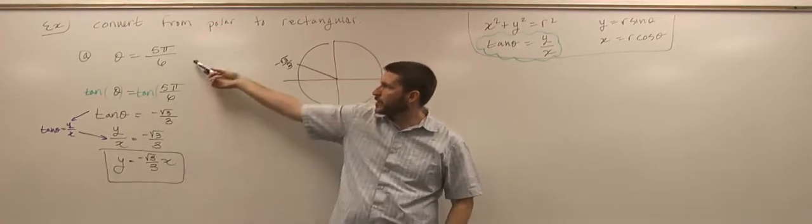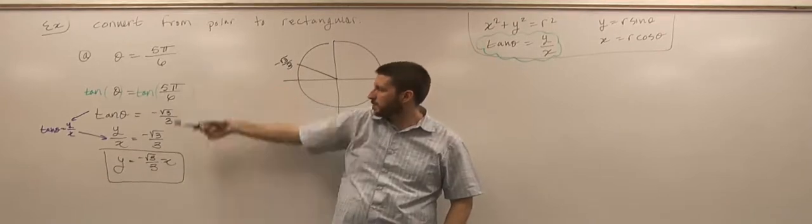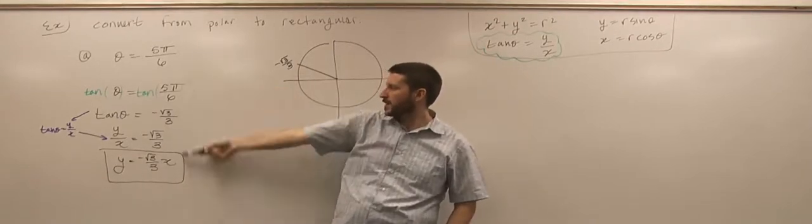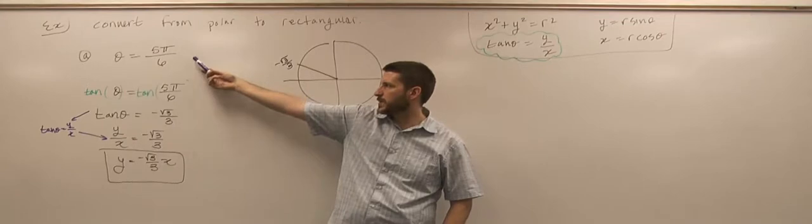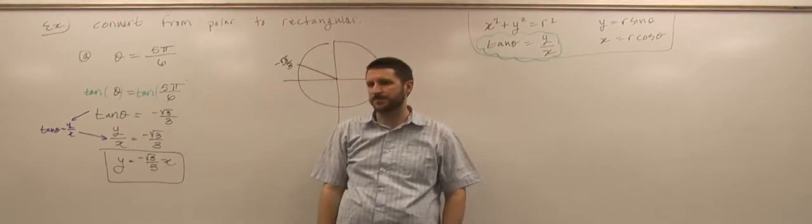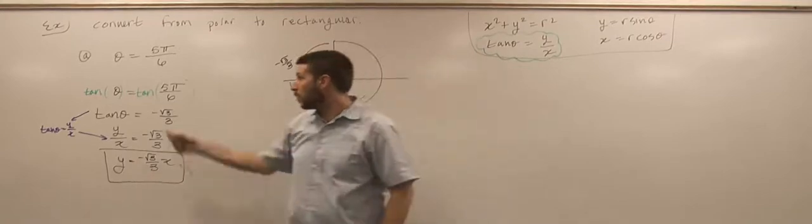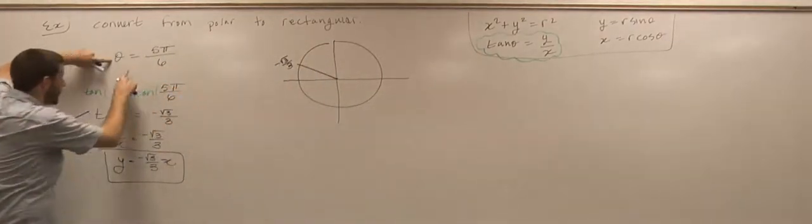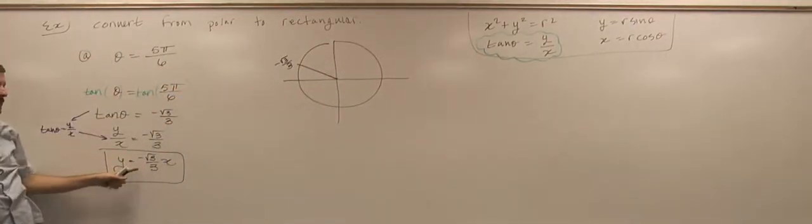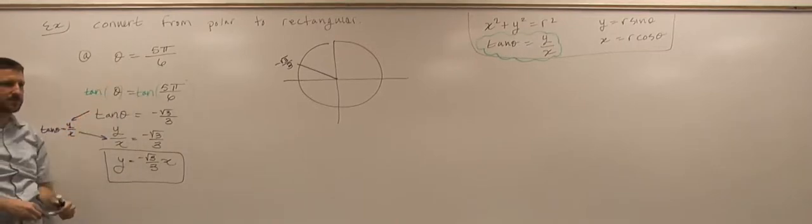But the polar form of this line is a little bit simpler than last time. So how come you think this one is simpler than the line we had in the last example? It's only one variable. Well, yeah, but what is it about the line that makes this simpler form?